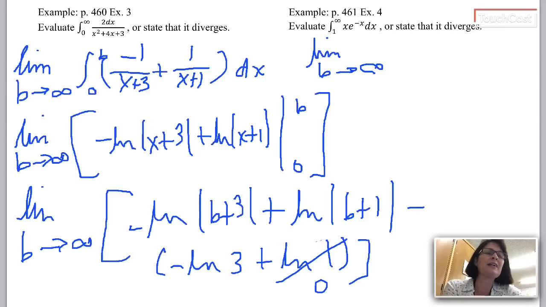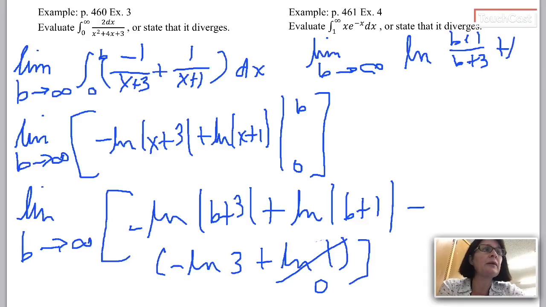So the question is, am I going to be able to simplify negative natural log of b plus 3 plus natural log of b plus 1? That's the same as the natural log of, again, I'm not going to need those bars, everything here is positive, b plus 1 over b plus 3, plus natural log of 3.